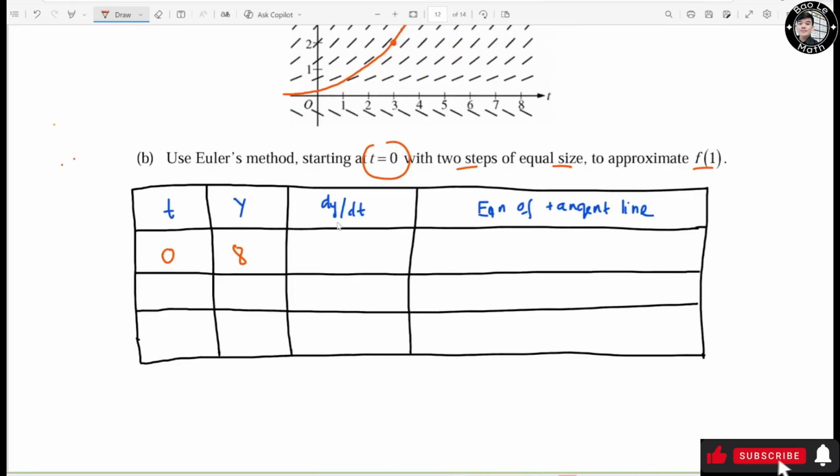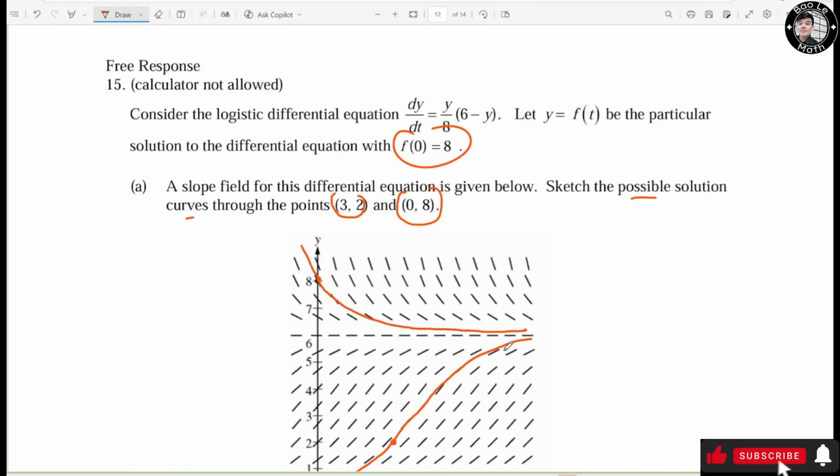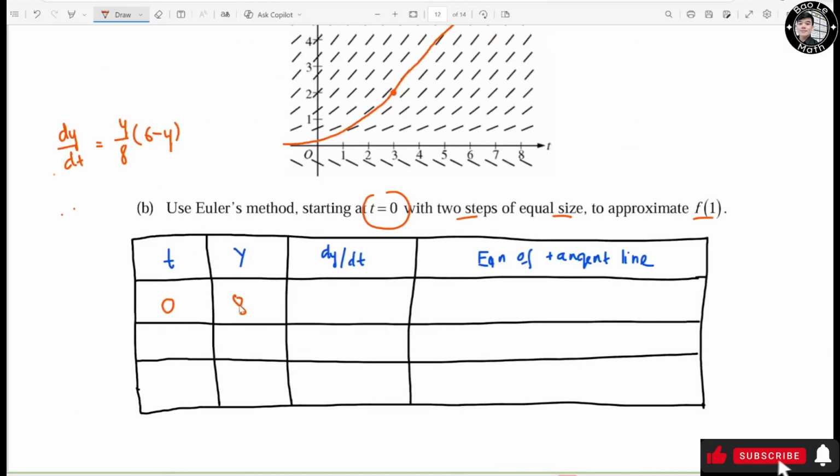For dy over dt, we're going to use the formula right here. So we substitute 8 for y over here. We have -2, right? The equation of the tangent line is going to be y equals the slope -2 times t minus 0, plus y, which is 8.